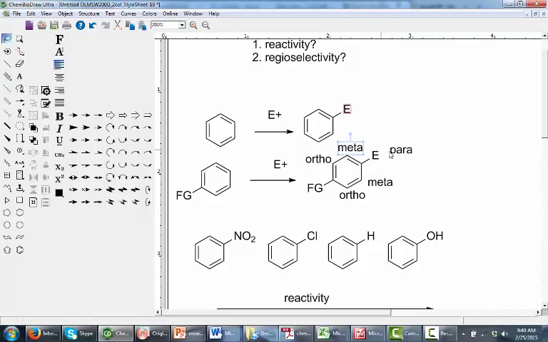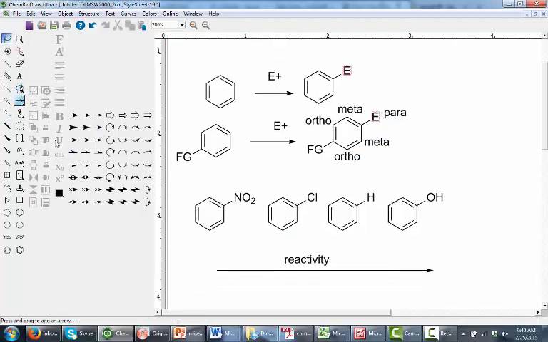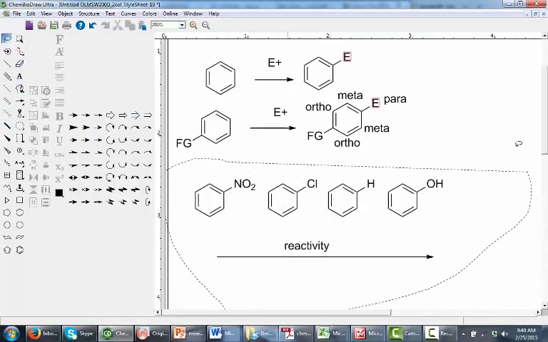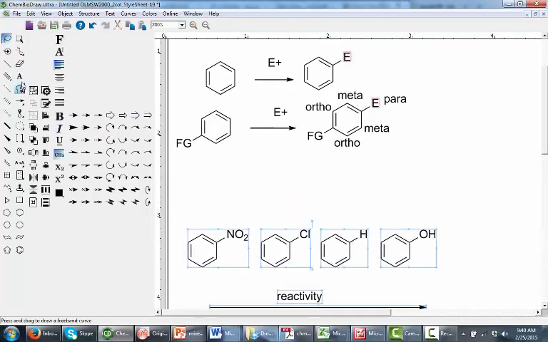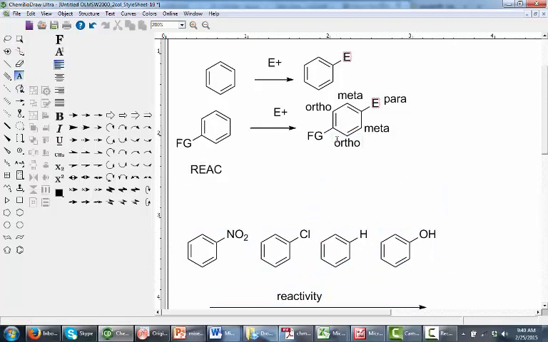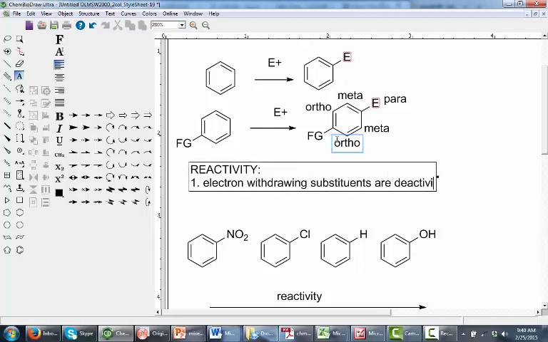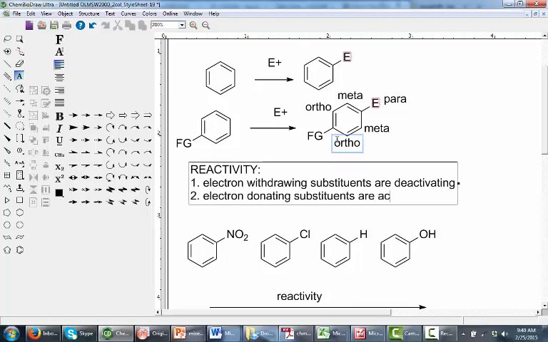And it's clear, I think, based on some of the discussions we've had in class, that generally when we talk about reactivity, the more electron withdrawing a substituent is, the more deactivating. Electron withdrawing substituents are deactivating, and electron donating substituents are activating.